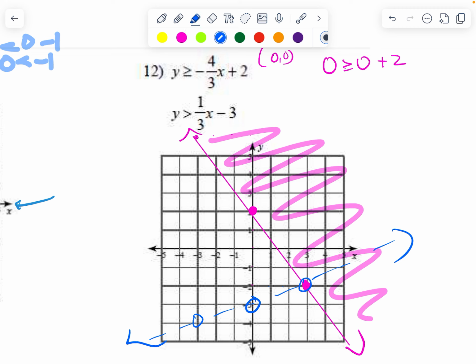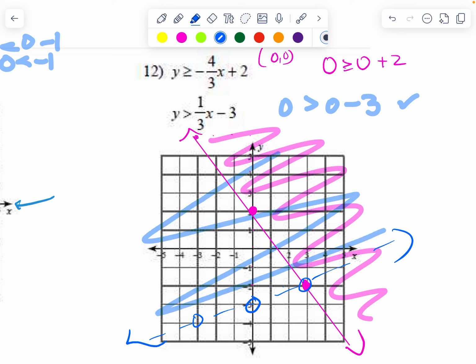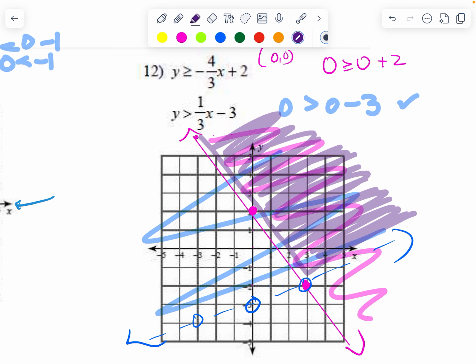If I put in 0, 0, 0 is greater than 0 minus 3. 0 is greater than negative 3, so it is up here. So the overlapping portion, this part right here, is the actual solution.